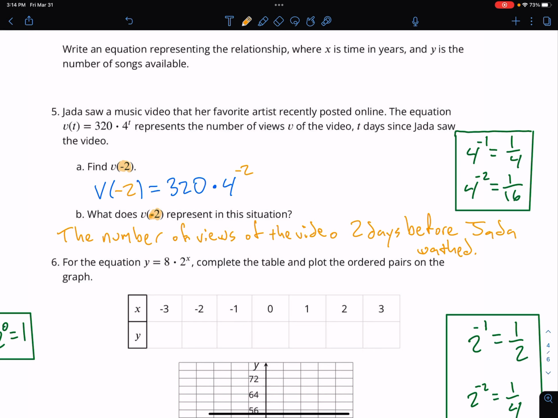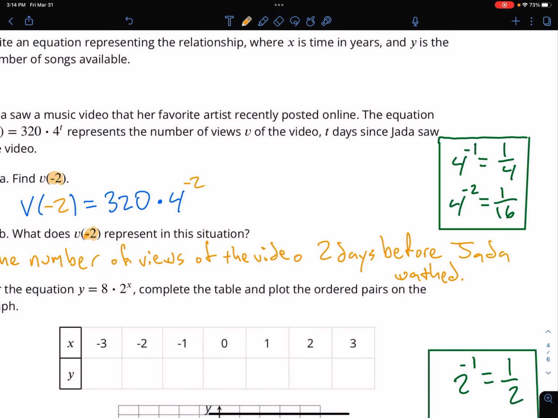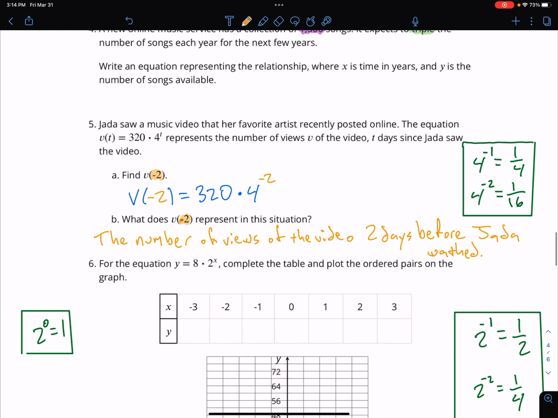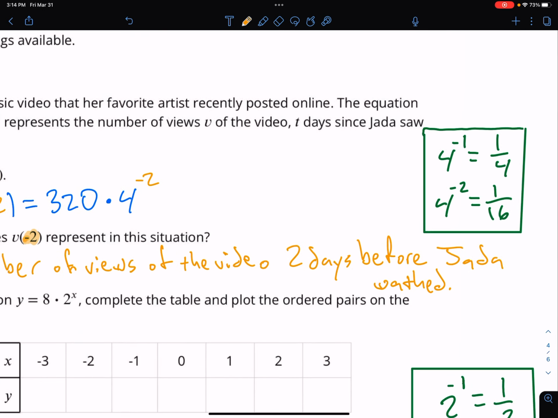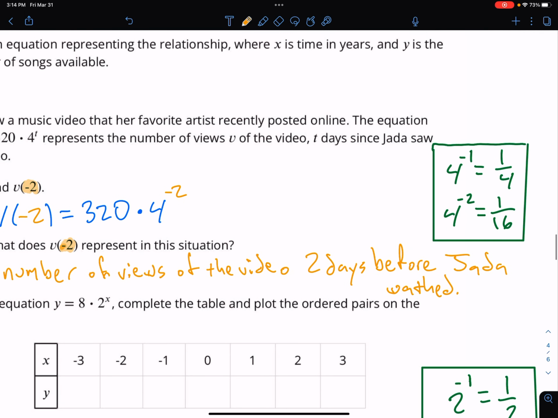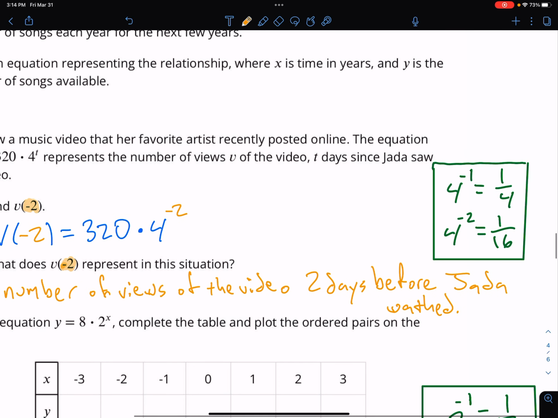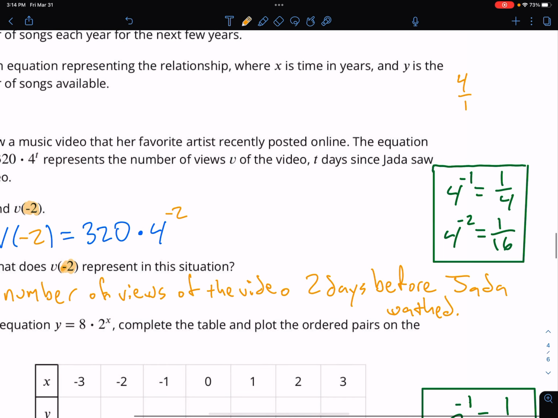-2. On the test, I will post our rules for negative exponents. If there's any question with a negative exponent like this, I'll give you a little reminder. When you have a negative exponent like this, it basically gives us the reciprocal. When you see the number 4 by itself, it actually is 4 over 1, because anything divided by 1 is itself.